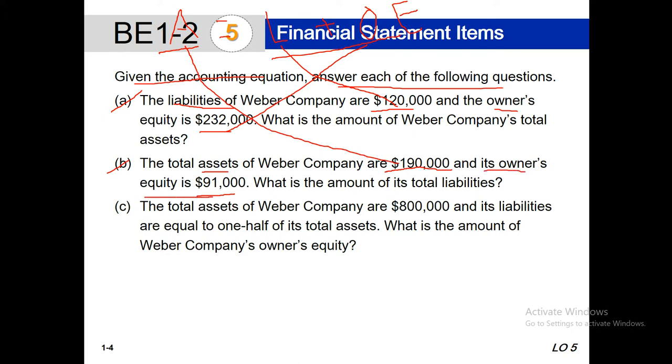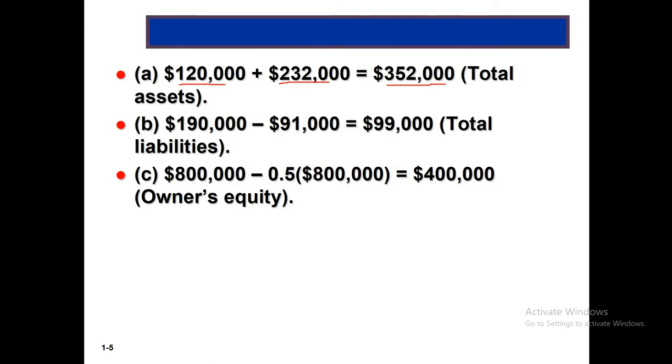We know total assets equal liabilities plus owner's equity. So here the liabilities will be the balancing figure. You can see this is our total assets, 1,90,000, and this is our total owner's equity. So the balancing figure will be our total liabilities.